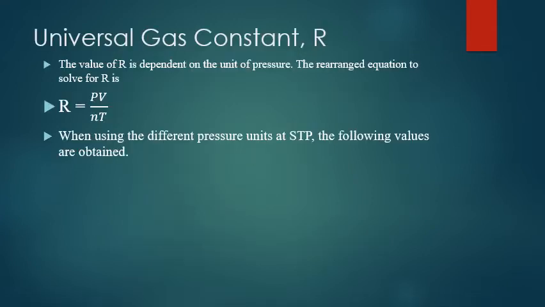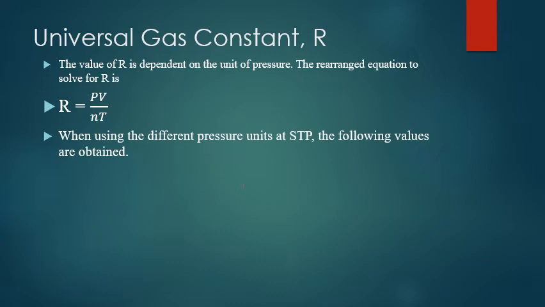Now when we look at the universal gas constant, the value for R is dependent on the unit of pressure that is given in the problem. The rearranged equation to solve for R would be R equals PV over nT. When we use the different pressure units at STP conditions, we can obtain the following values.